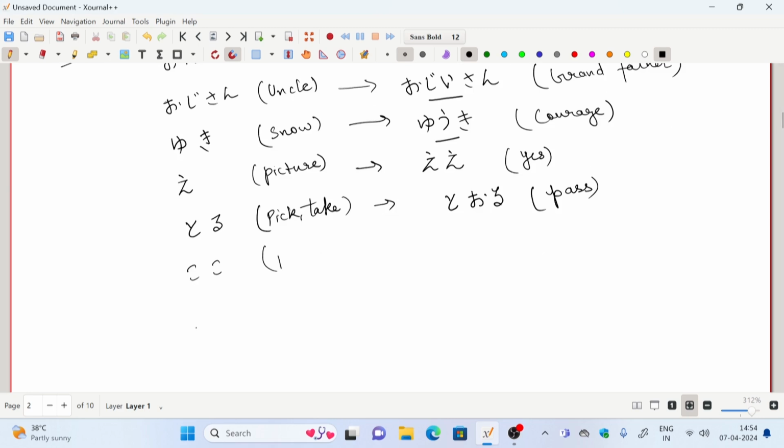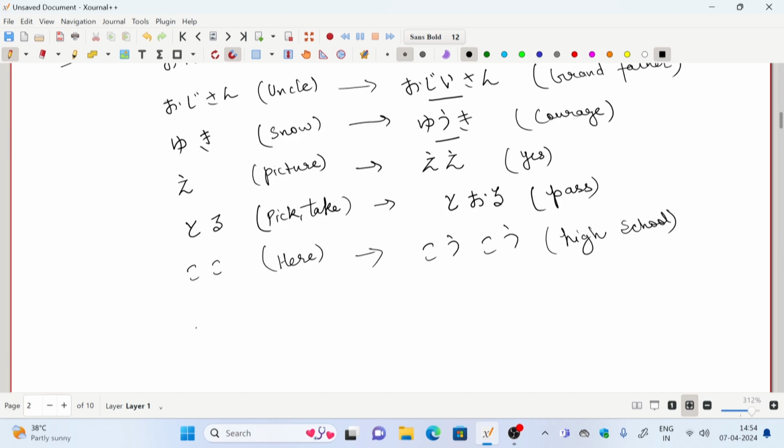Koko means this place or here. If we elongate both, ko and then ko, it will become koukou, high school. It is an abbreviation of koutou gakkou, and koukou is the popular word. It means high school.